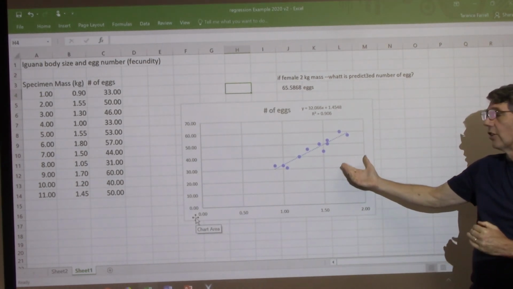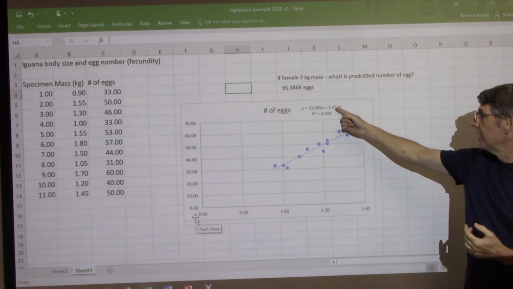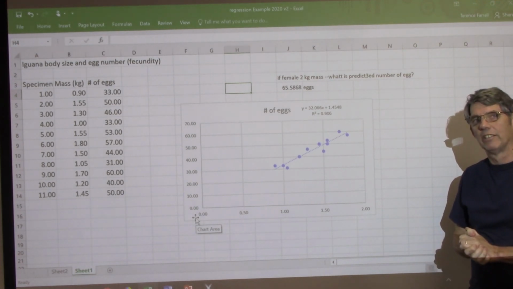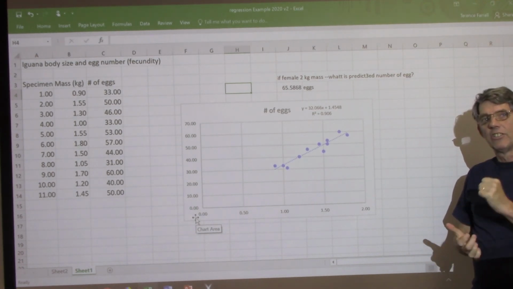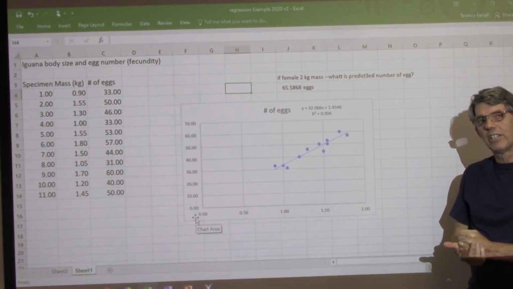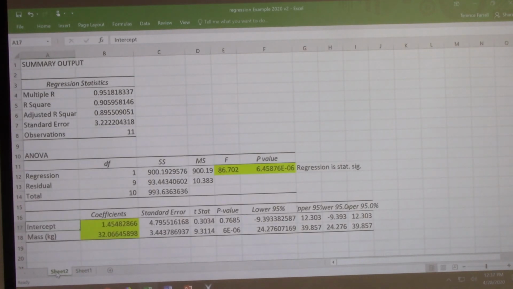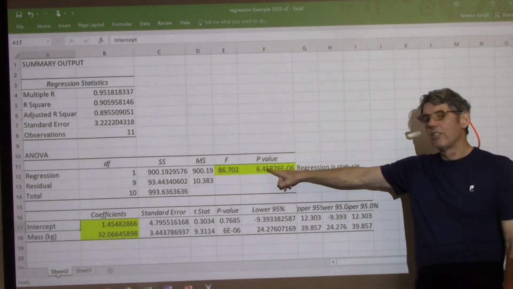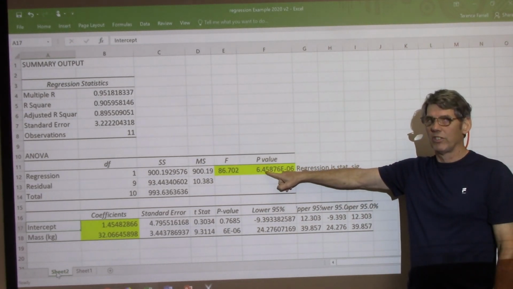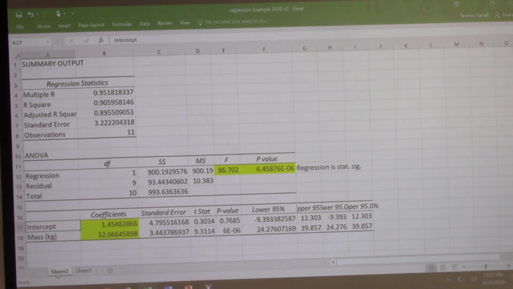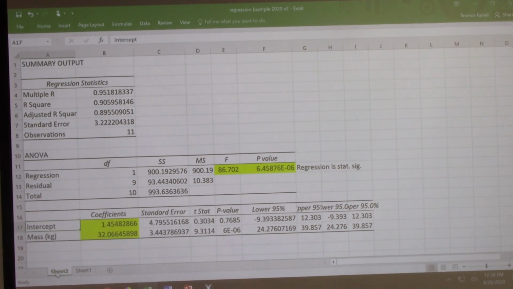Making a graph is a quick and easy way to eyeball your data, get an equation, get an R-squared, and then if you want to know if that's a statistically significant regression, go into the data analysis thing, under R for regression, do regression, and get your ANOVA table here on sheet 2, and simply look at your p-value. Less than 0.05, statistically significant regression. Greater than 0.05, no statistically significant association between x and y in that linear sense.